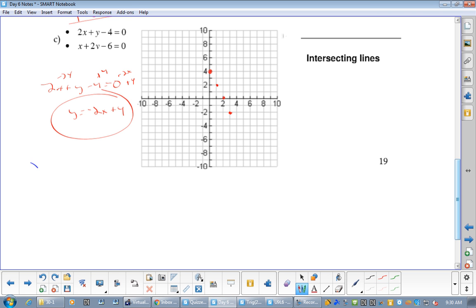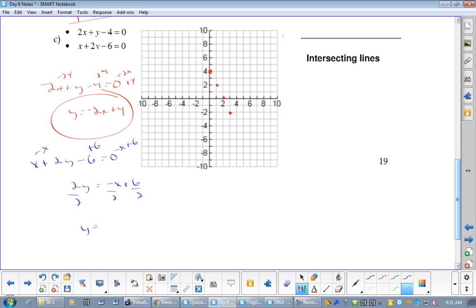Now I'm going to go in blue, x plus 2y minus 6 equals 0. I'm going to minus x, and I'm going to add 6, minus x plus 6. So 2y equals negative x plus 6. Then I will divide by 2.